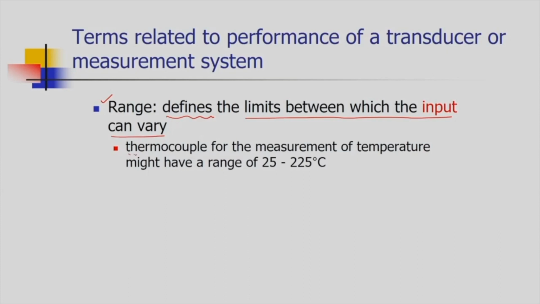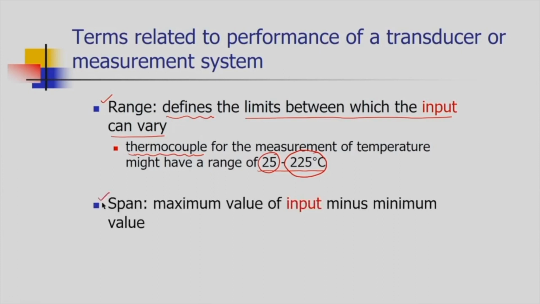If you consider a thermocouple which is used to measure temperature, and we say that the range of the thermocouple is from 25 to 225 degrees Celsius, the meaning of the range is that the minimum temperature that sensor can measure is 25 degrees Celsius, and the maximum temperature that sensor can sense is 225 degrees Celsius. So, the range is 25 to 225, the limits between which the input can vary.